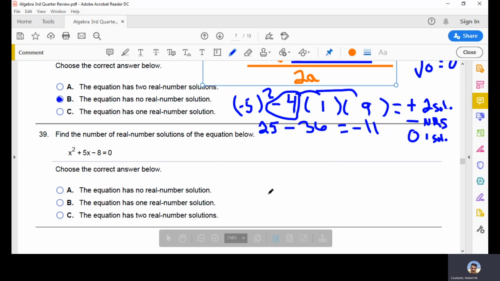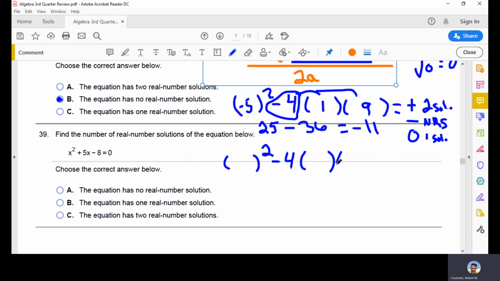Of course, then again, you got to do the same thing here with the number of solutions. So you have b squared minus 4 times a times c, the discriminant, the radicand, the junk under the square root. B is 5. A is, again, 1. C is -8.